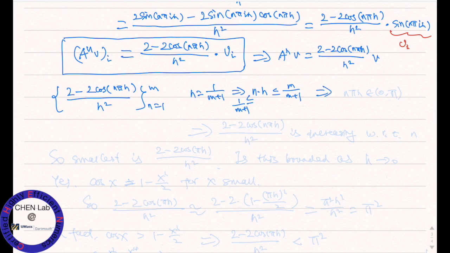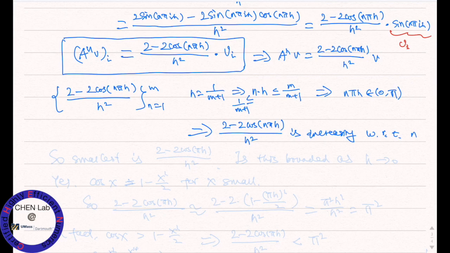So m pi h is between 0 and pi. M pi h is pi times nh. Between 0 and pi, we know the cosine function is decreasing, so negative cosine is increasing. Which means that 2 minus 2 cosine m pi h divided by h squared is increasing with respect to n.